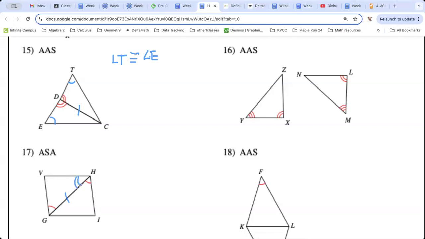So we need angle, and the side should be in the middle, right? Angle, side, angle. So we need to put the angle here. Otherwise, if I pick this one, it would be angle, angle, side.